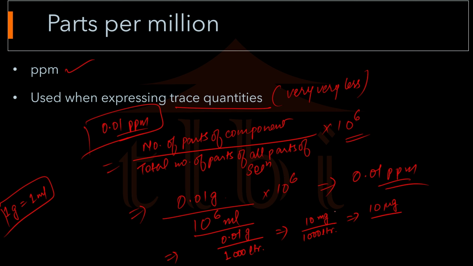I have divided this by 1000, so I have to divide the denominator also by 1000, and it will be 1 liter. So 0.01 ppm is equivalent to 10 micrograms per liter.